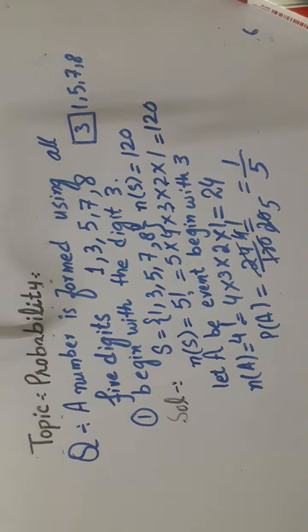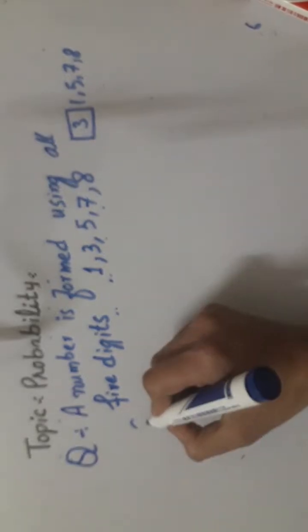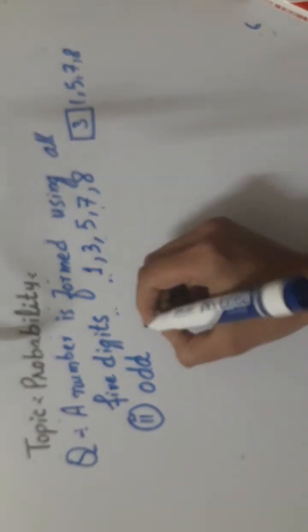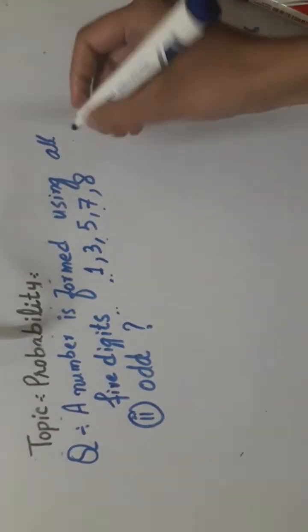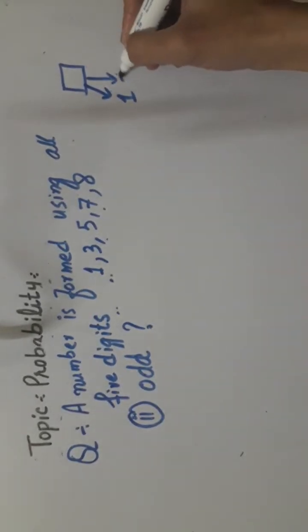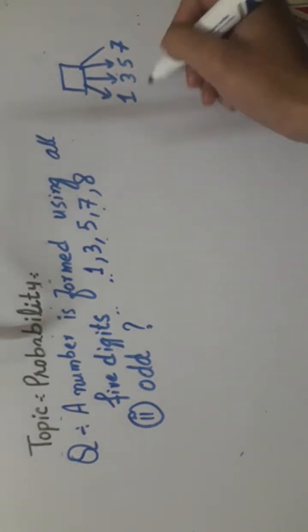Now we have another problem that we will do in the next part. That is, our answer is odd. How will we get this? We will arrange the numbers in such a way that our last number should be 1, 3, 5 or 7.